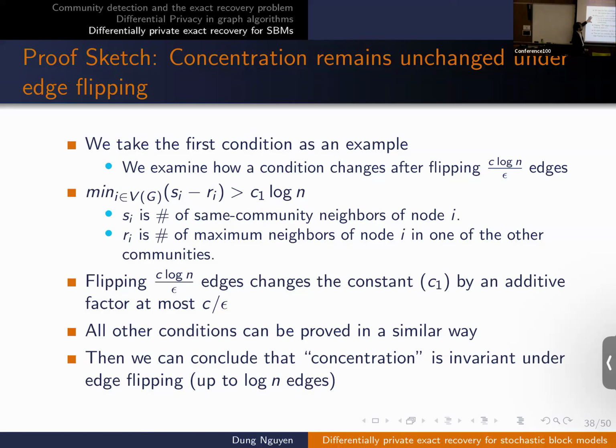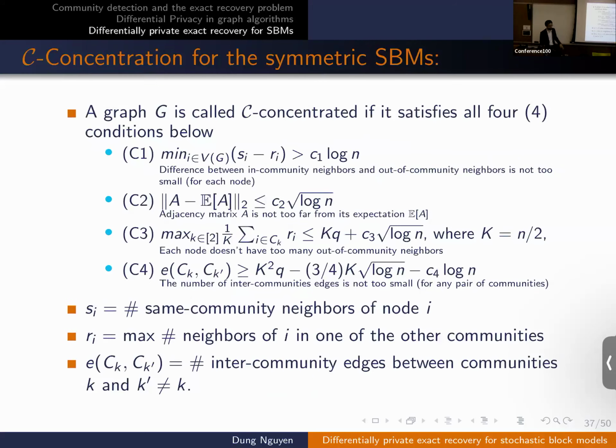So the first condition remains unchanged, even though we may have to change the constant a little bit, but it's still true for some constant, right? So we now prove that this first condition C1 doesn't change under log n edge flipping, and for all other conditions, C2, C3, C4, we do the same thing.